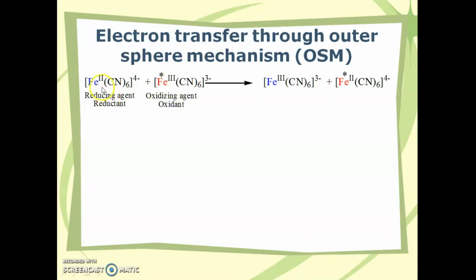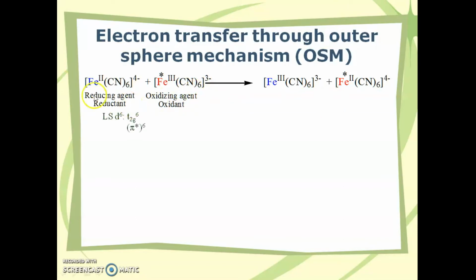Because the iron in 2 plus oxidation state is going to be oxidized to Fe3+, since it is getting oxidized, it is acting as a reducing agent. The iron in 3 plus oxidation state is getting reduced to 2 plus. So this gets reduced and oxidizes the other one. So this is an oxidizing agent.